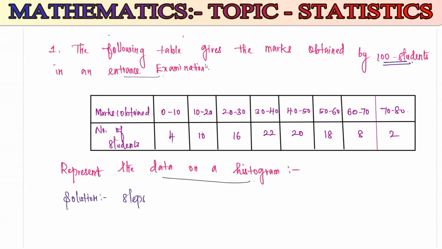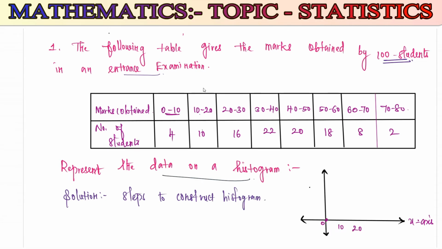Tips to construct a histogram. Before starting to take the values, you have to check whether the given values are in inclusive or exclusive form. Here it is exclusive form. Exclusive is nothing but a continuous distribution.